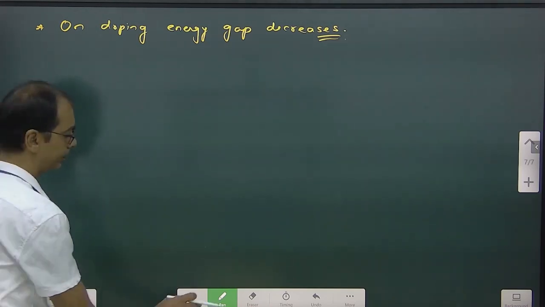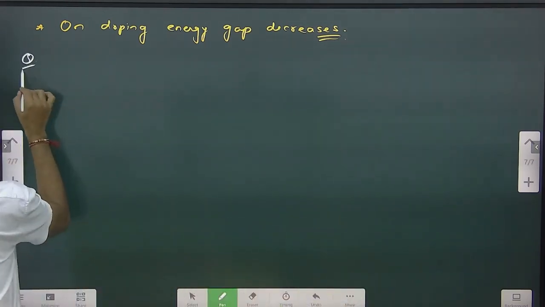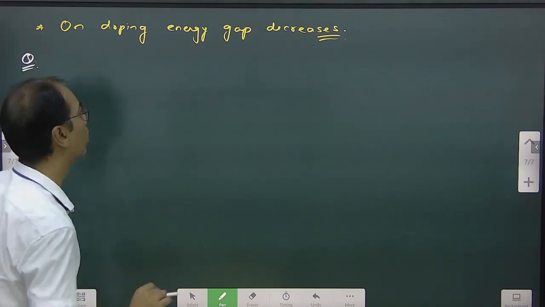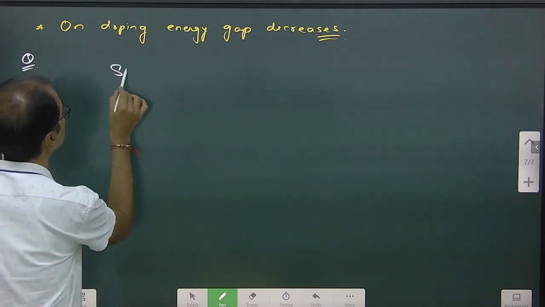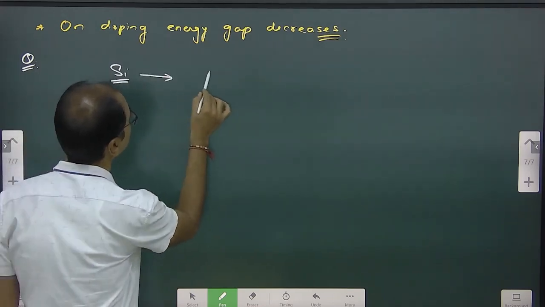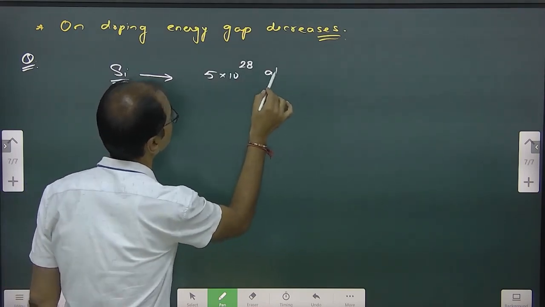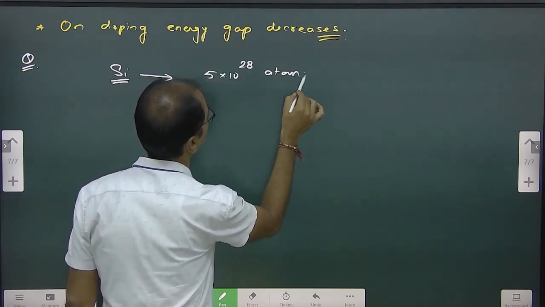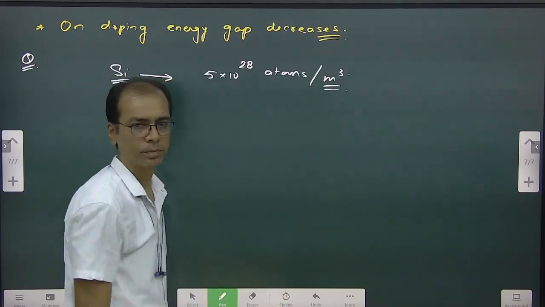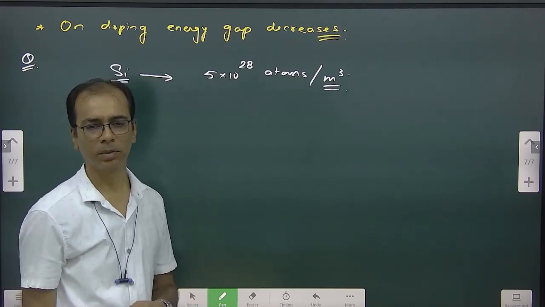Now suppose that we have one pure semiconductor, which is silicon. For silicon it is given that it has 5 into 10 to the power 28 atoms per cubic meter.